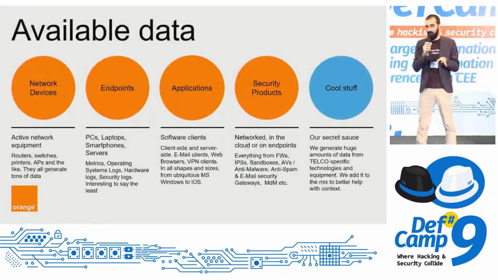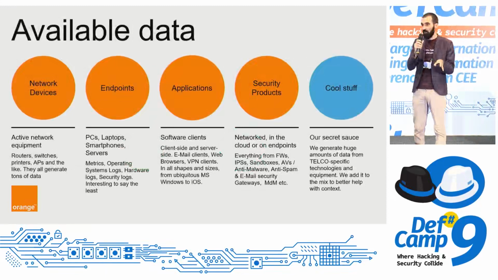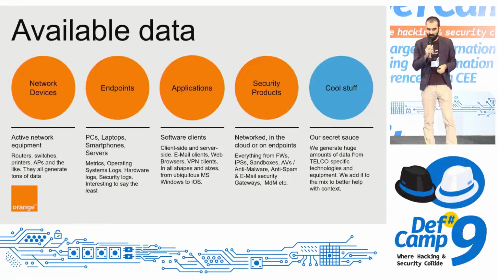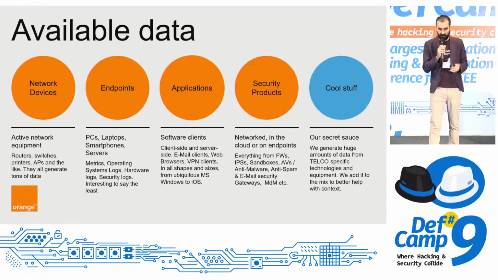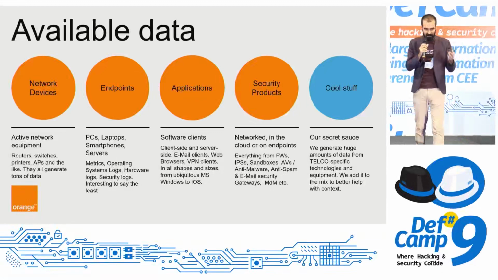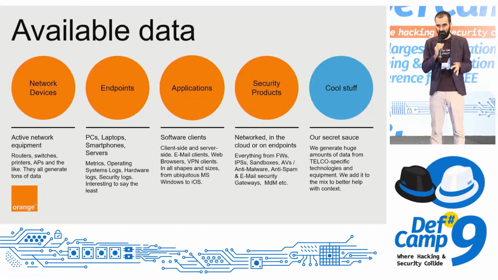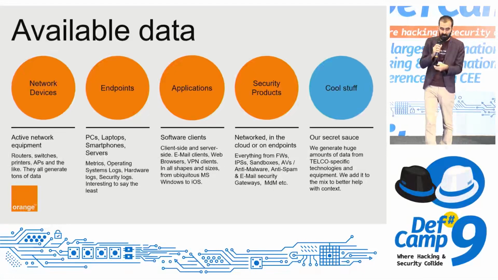What is the available data that you can work with, and that we are actually working with in our test machine learning, cybersecurity, threat detection, threat intelligence platform? Well, you have active network equipment, noisy things like routers, switches, printers, APs, AP controllers. They all generate tons of data. You have your endpoints, your fixed endpoints, your laptops, your mobile devices.